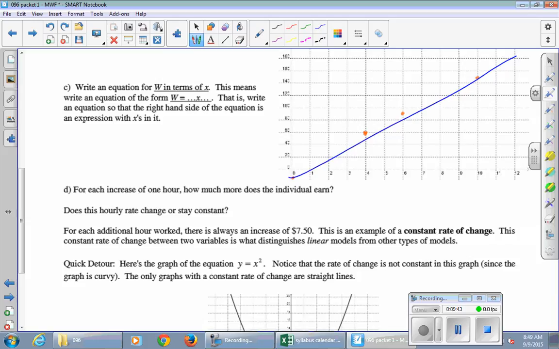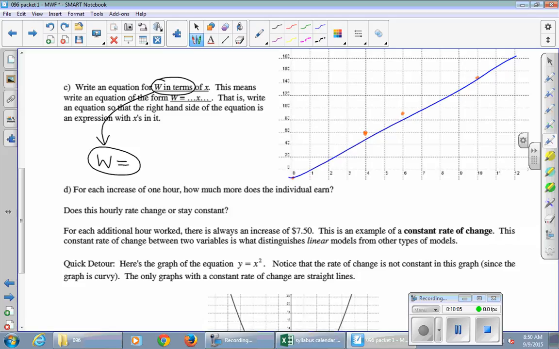But the key feature here is that W is by itself on one side of the equation, and then lots of X's on the other side of the equation. So as soon as you see W in terms of, you translate that to W equals. W in terms of means W equals, all right? So essentially in terms of means there's going to be an equal sign.